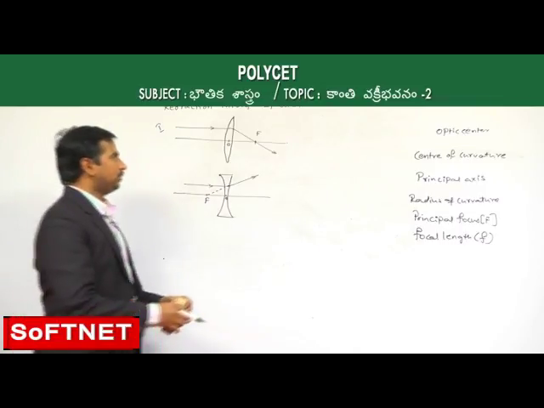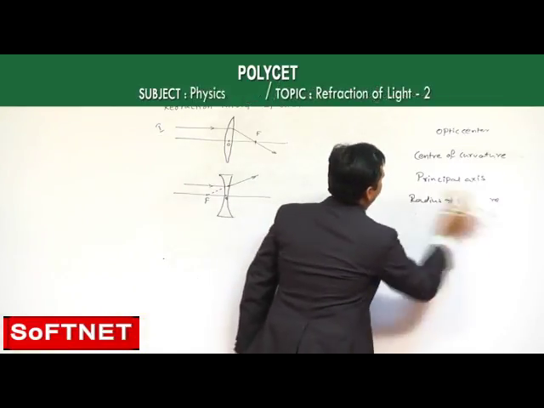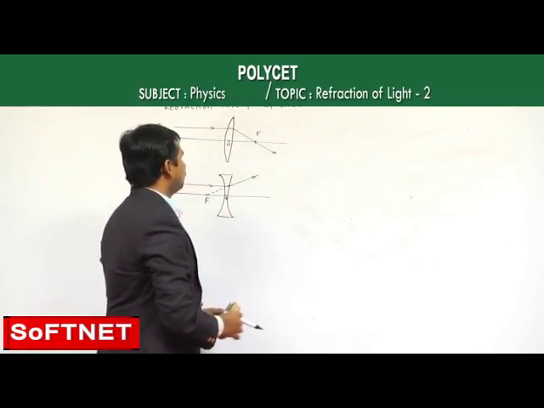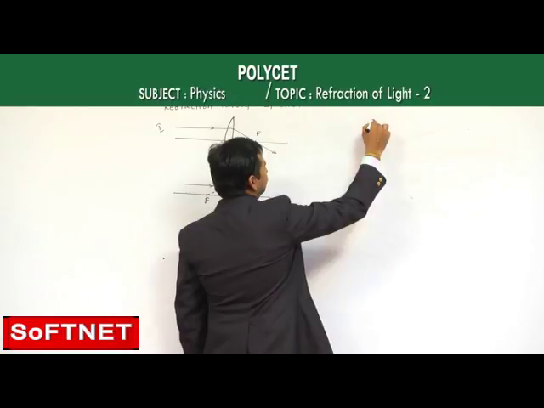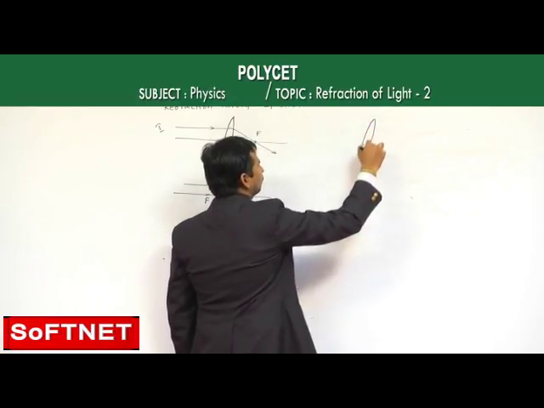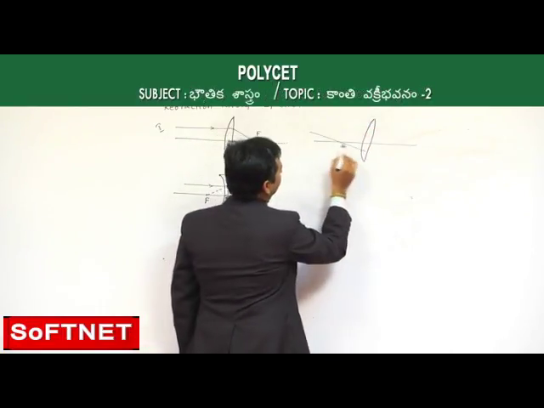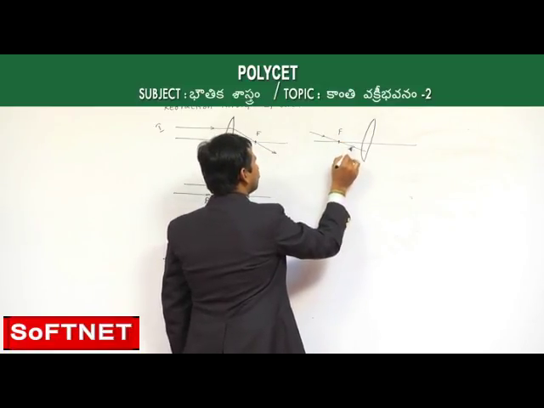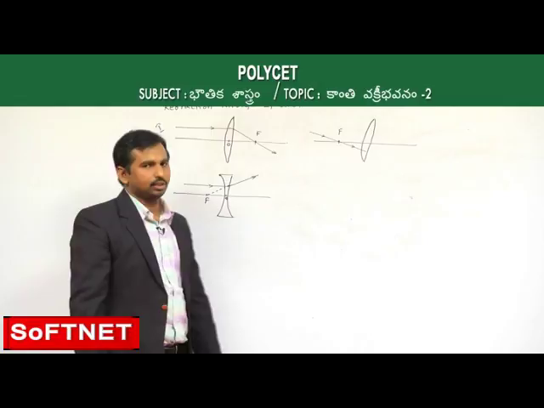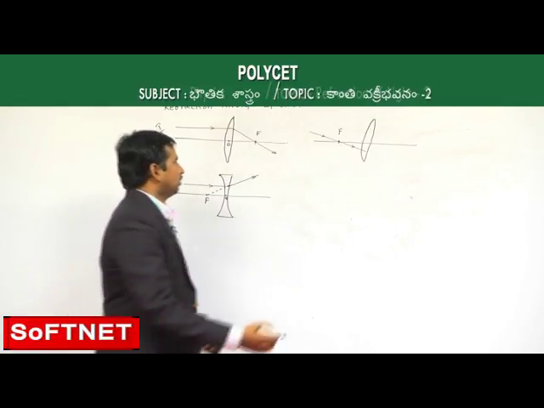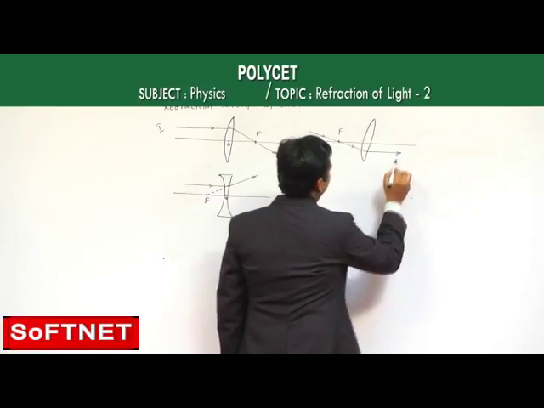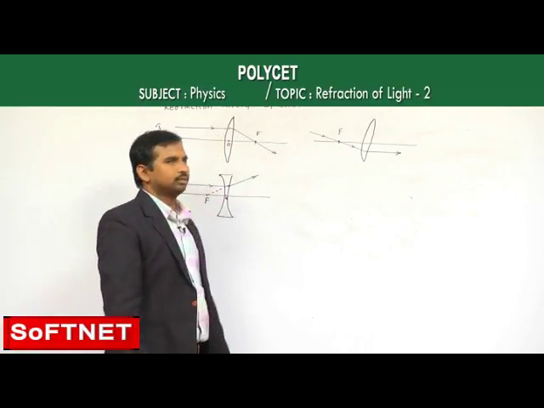Now the second one: if the light ray passes through a focus like this, after refraction the light ray passes parallel to the principal axis like this.